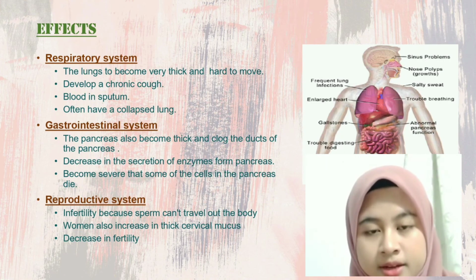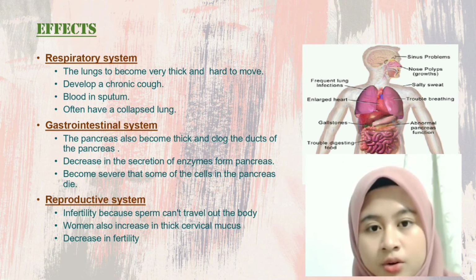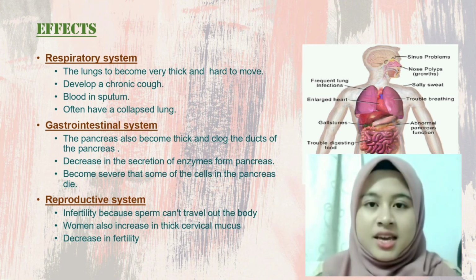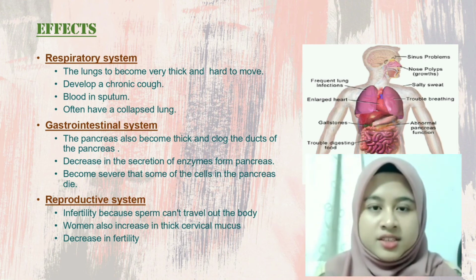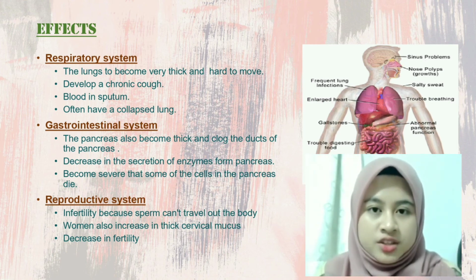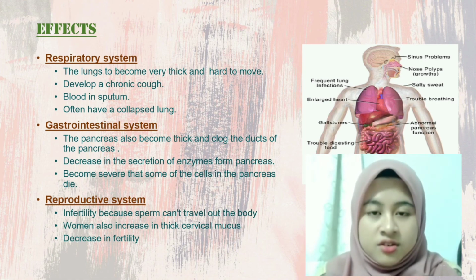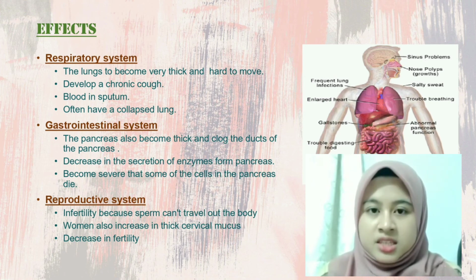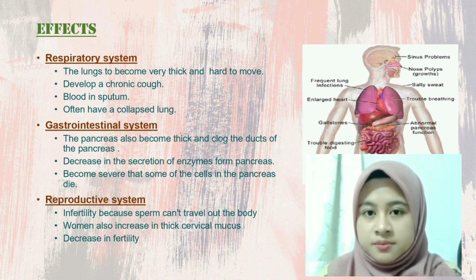Okay, now my part is I would like to present the effect of cystic fibrosis. CF affects various organ systems in children and young adults, including first, the respiratory system, second, the gastrointestinal system, and third, the reproductive system. But how does CF affect the respiratory system?